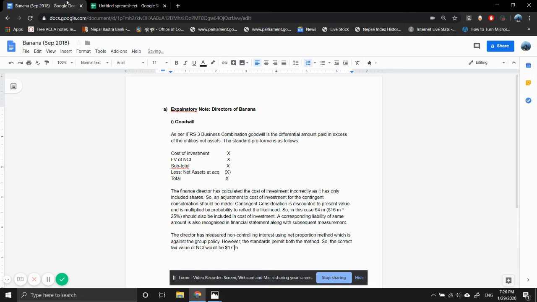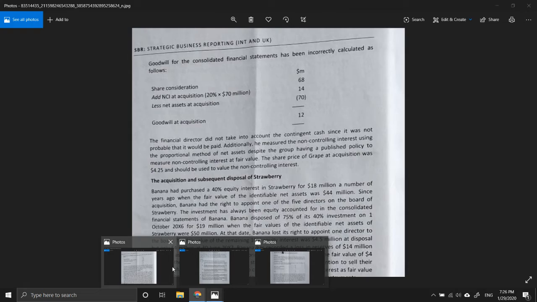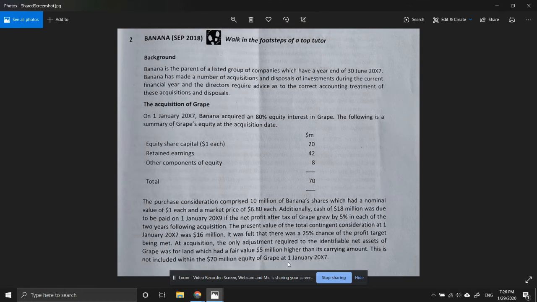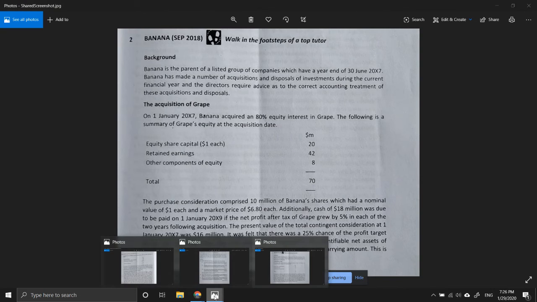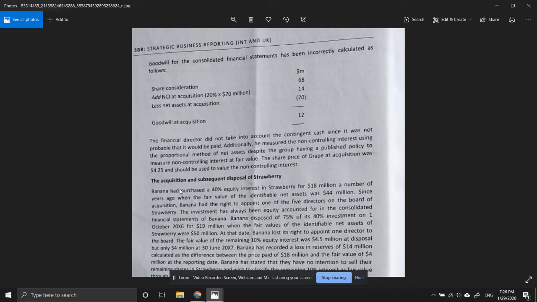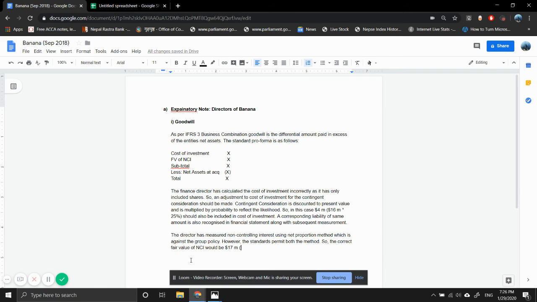What is 17 million? It is basically 20 million into 20% into 4.25, right?